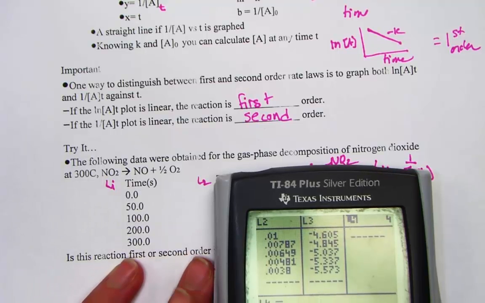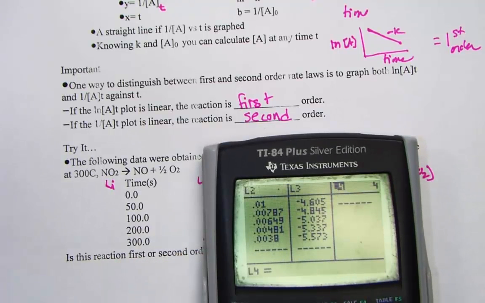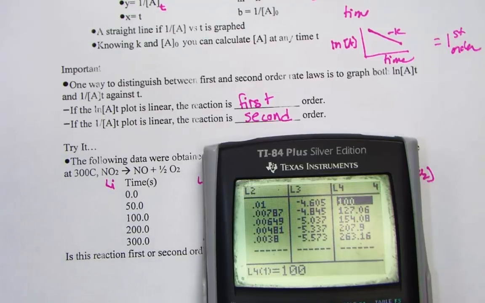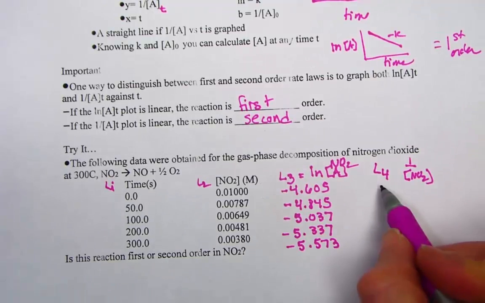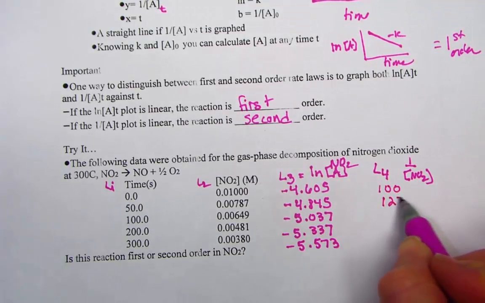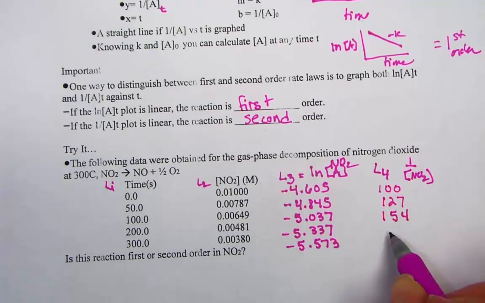That allows me to type in a little calculation. That calculation will show that I want the reciprocal, so 1 divided by, and my concentrations are still in list 2, so I hit list 2. 1 over list 2 generates the concentration of that reactant as a reciprocal. It reads 100, 127, 154, 208, 263.